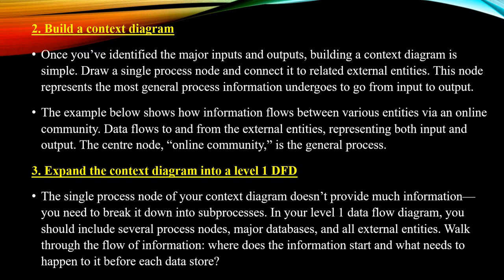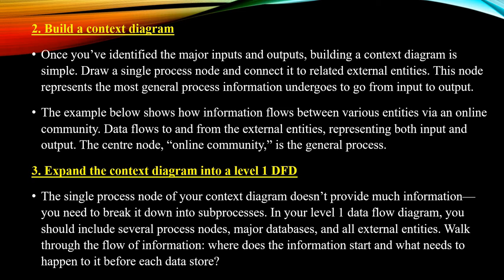Next, we have the expansion of the context diagram into level 1 DFD. The second step, to build a context diagram, that is to build the level 0 DFD, which is the first level of data flow diagrams. Next, we can further expand the level 0 DFD into level 1 DFD.